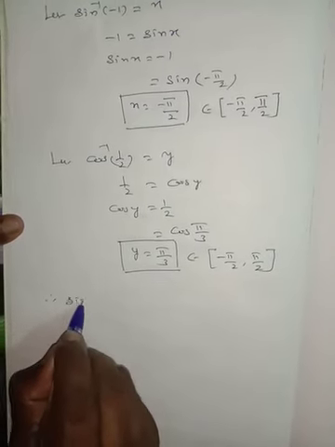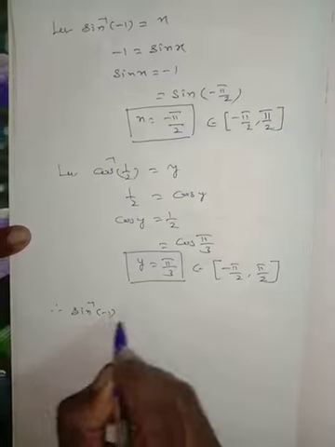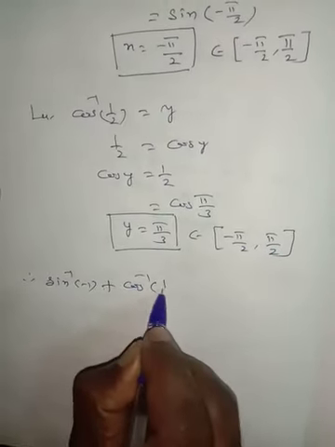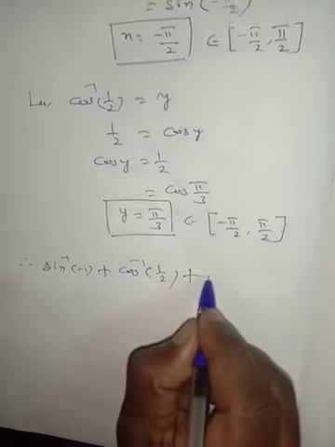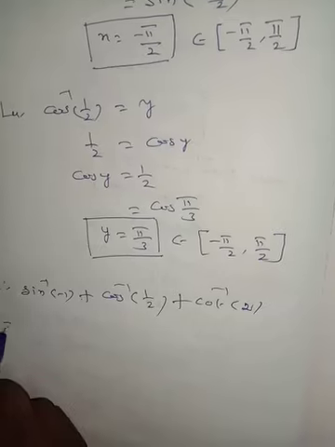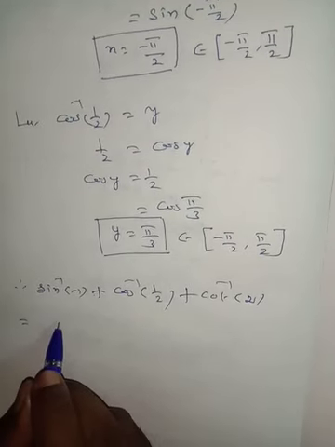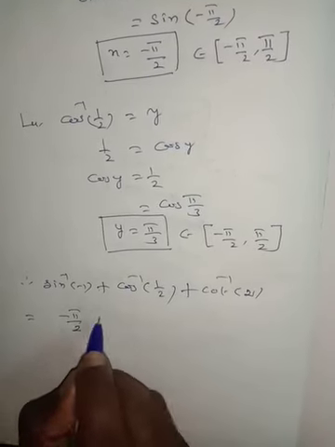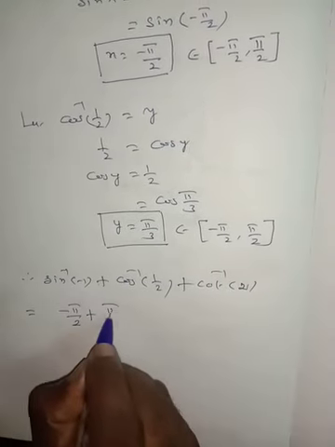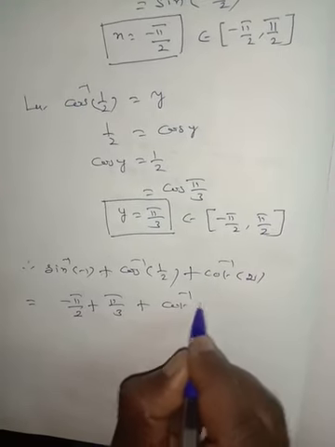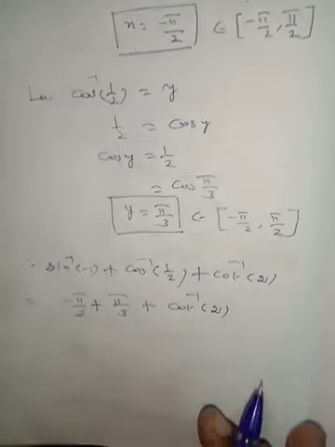Therefore sin inverse of minus 1 plus cos inverse of 1 by 2 plus cot inverse of 2 is equal to minus pi by 2 plus pi by 3 plus cot inverse of 2.